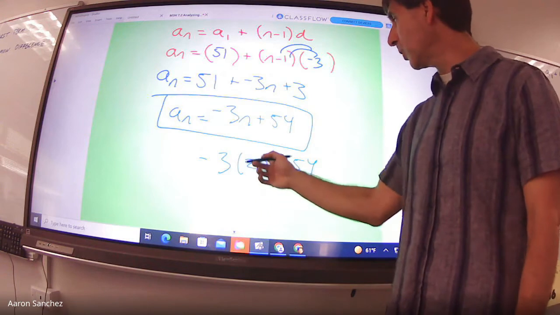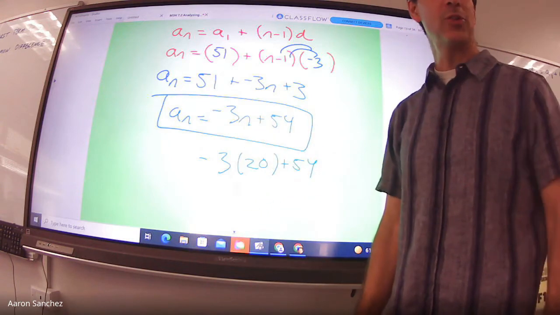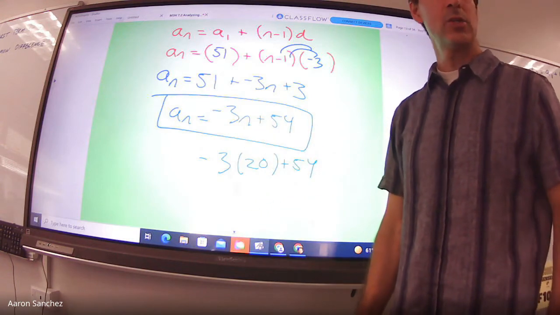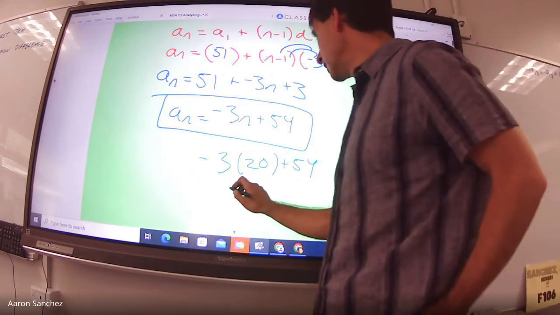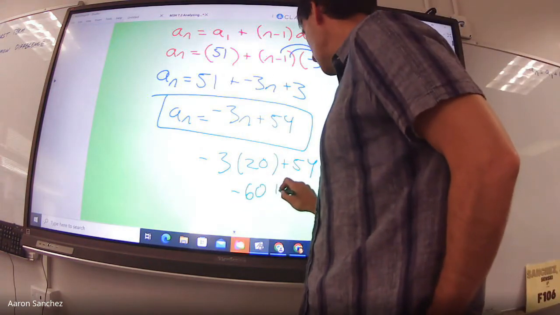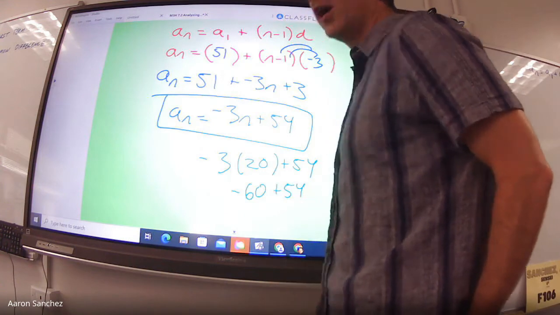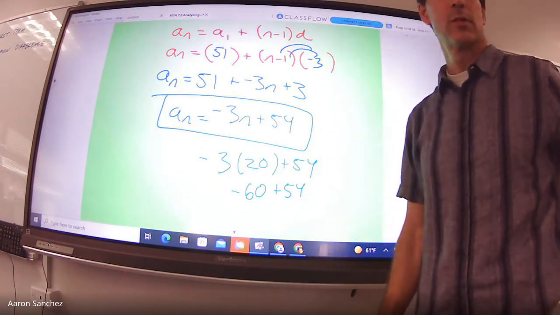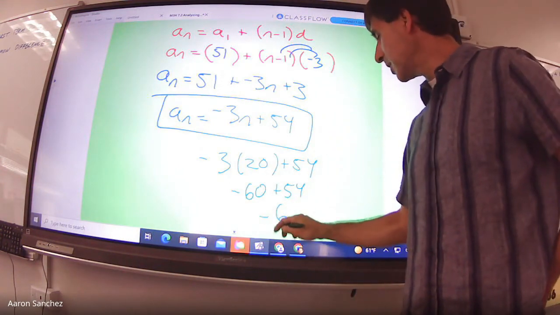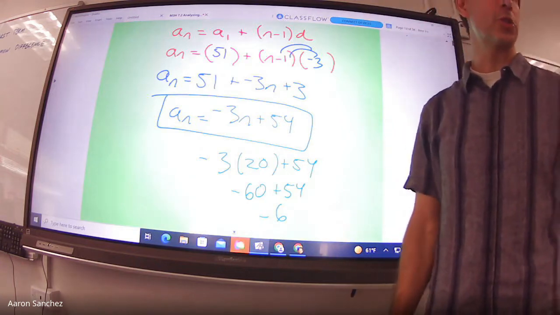You plug in the 20 for the n to figure out the 20th term. Negative 3 times 20 is negative 60 plus 54, which is negative 6. That is the 20th term.